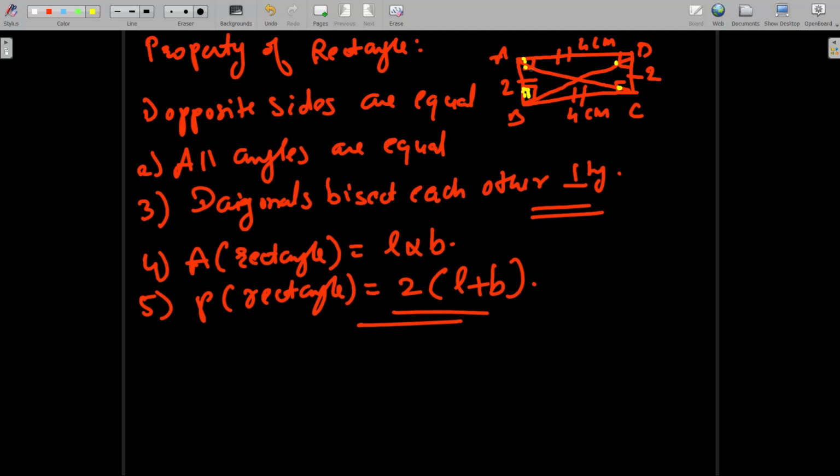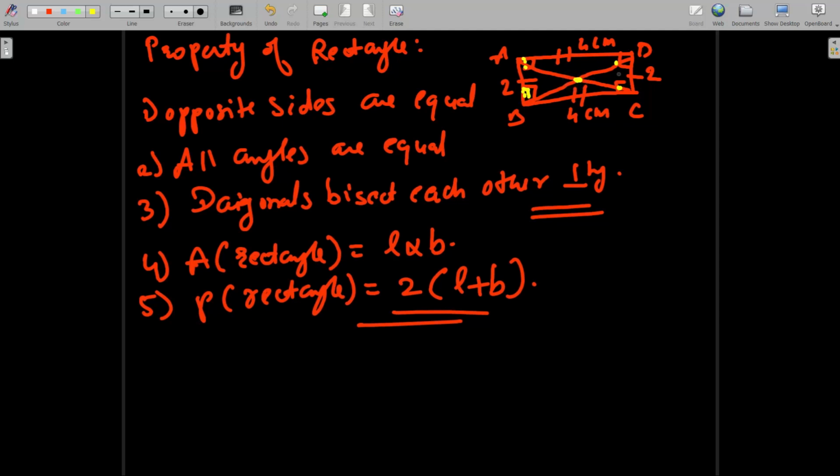Important thing is, now these are the diagonals. Now the diagonals of a rectangle bisect each other, but not perpendicularly. Perpendicular bisecting is for the square. In a rectangle, the diagonals do not bisect each other perpendicularly, but they intersect at one particular point.